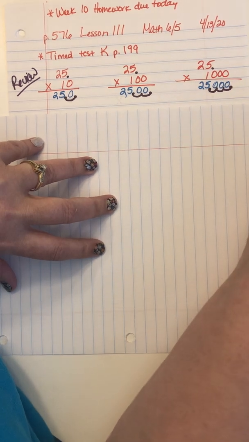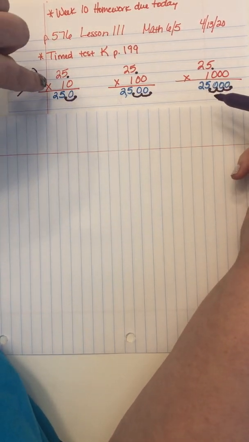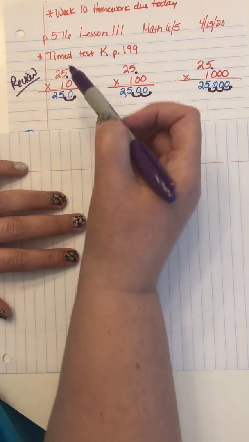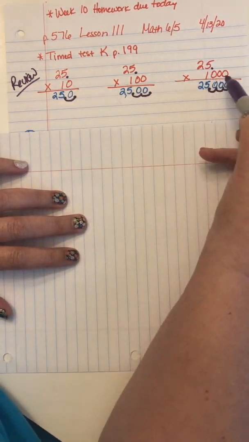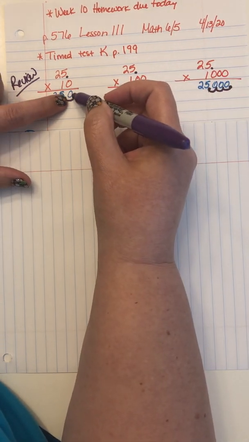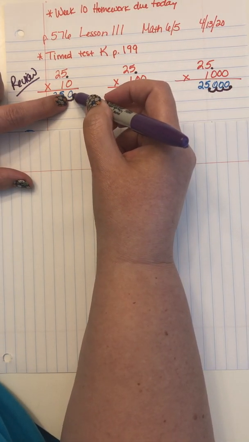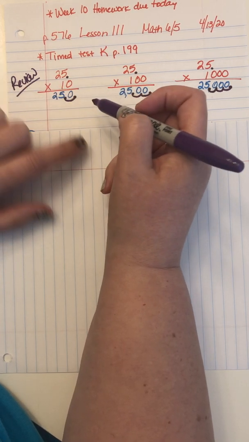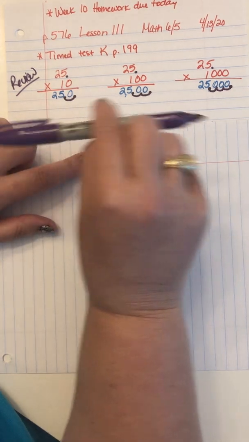So if you notice, what we did here is we multiplied by 10, 100, and 1,000. We moved our decimal one place. The number 10 has 1 zero. We moved our decimal one place to the right, by the way.